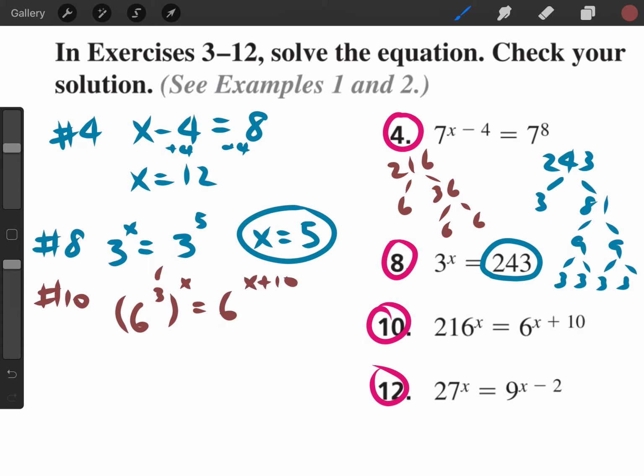If you multiply that, it's going to be 3x. You can just compare that to the other exponent, set them equal to each other, x plus 10. Subtract x on both sides. It's going to be 2x equals 10. Divide by 2 on both sides, so x equals 5.